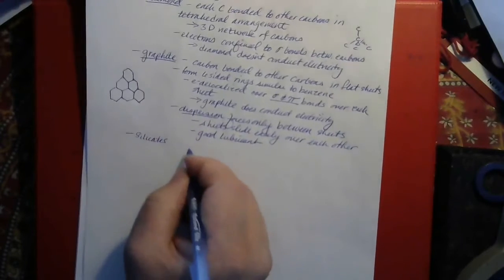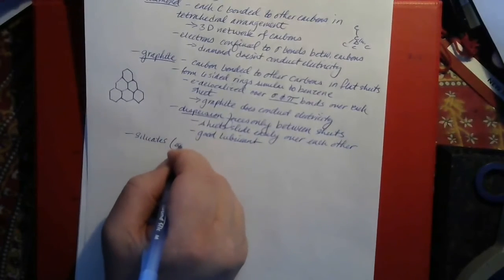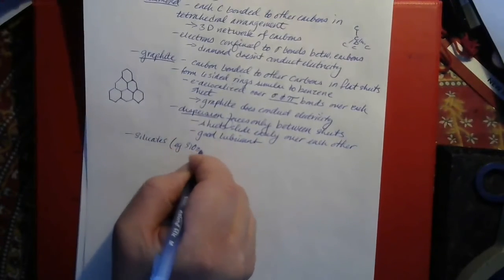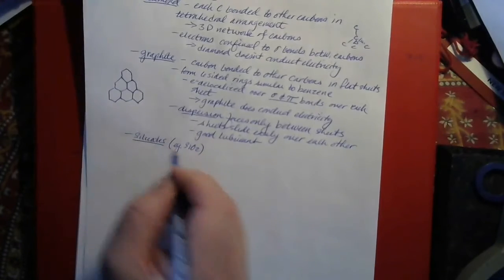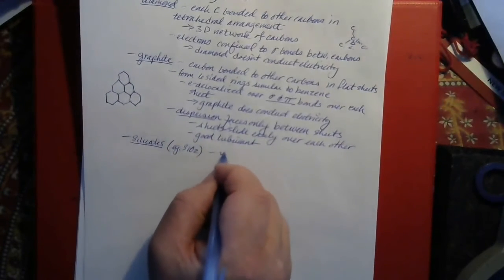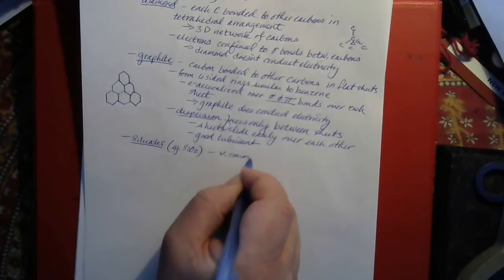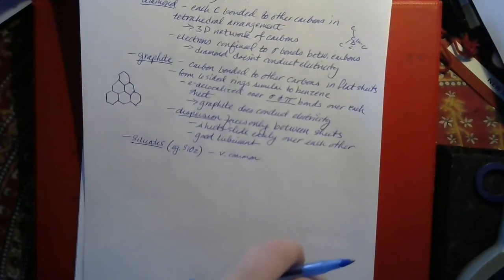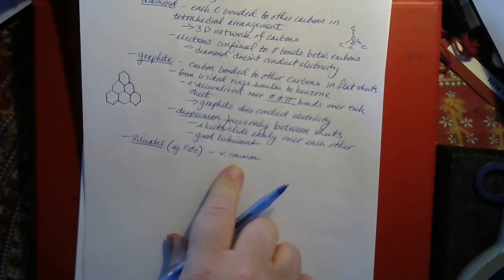And the last category is the silicates. These are compounds of silicon and oxygen, like silicon dioxide. They're very common because, for one thing, silicon dioxide is the principal constituent of sand.